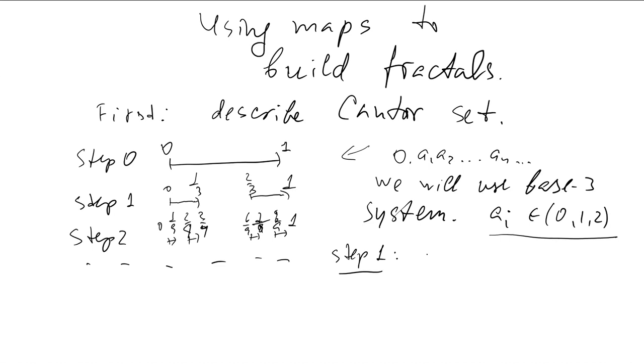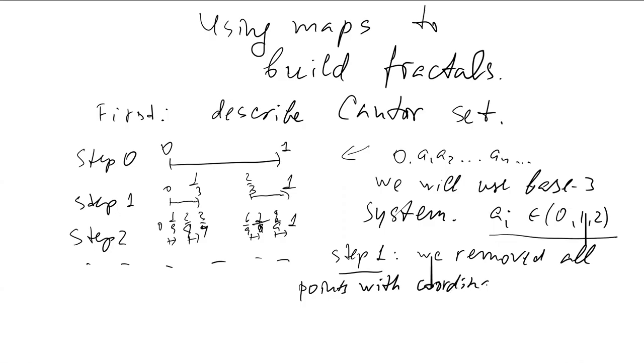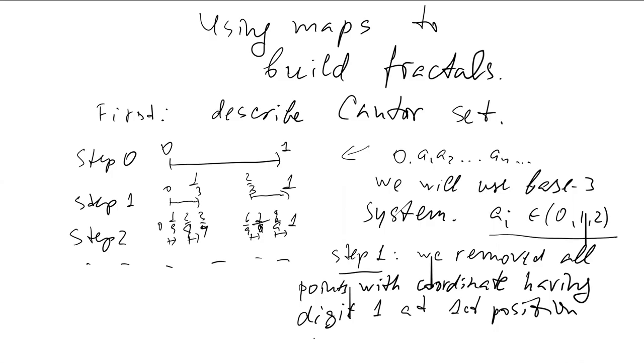It means that at step 1, we removed all points with coordinates having digit 1 at first position. So A1 now is not equal to 1.